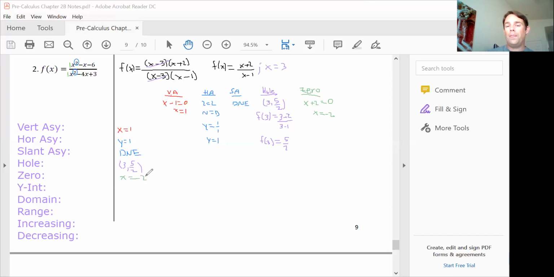The y-intercept will be when my x value is 0. So let's see, if I plug 0 in there, I get 0 minus 0 minus 6, and I get 0 minus 0 plus 3. So my y-intercept is negative 2.